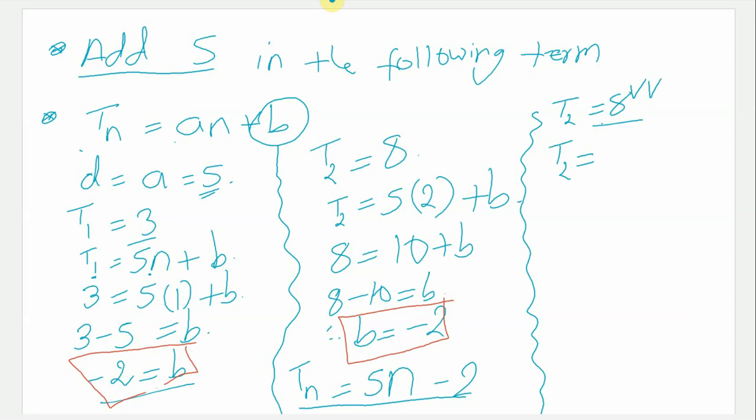Then I say 5 multiplied by 2, because our value of n is 2, then minus 2. 5 times 2 is 10. 10 minus 2 is 8. See, I found the value 8 using the formula.